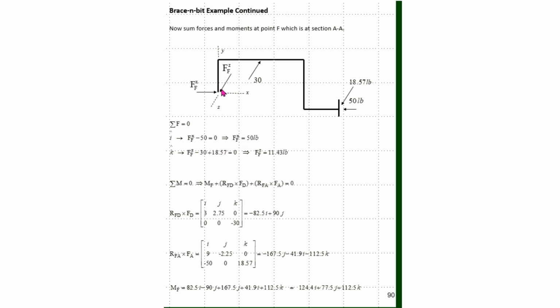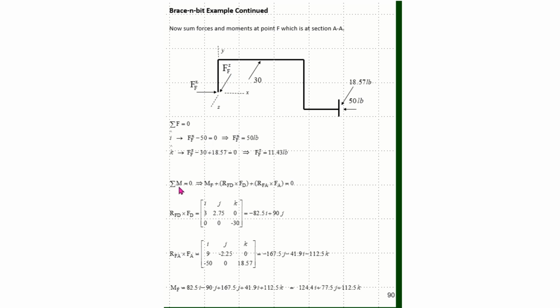Then in the Z direction, this 30 is pushing in the negative Z, this is pushing in the positive Z, and for that sum to be equal to 0, I know that FFZ needs to be in the positive direction as well. So summing forces tells me that FFZ is equal to 11.43 pounds. I now know my reaction forces here at point F.